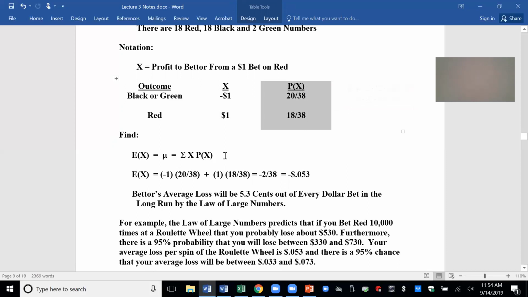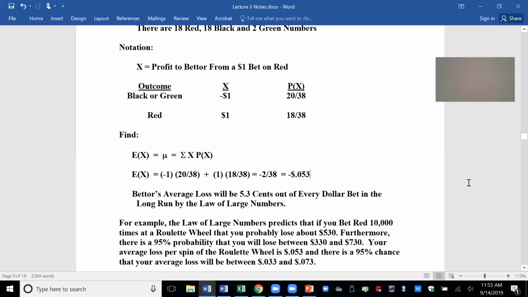And what does that represent? That is the long run average. What in the long run is going to be the average profit per play of betting red on roulette? If we take the -1 times the 20/38 and the +1 times 18/38, we get this expression. It turns out to be -2/38, or -0.053.